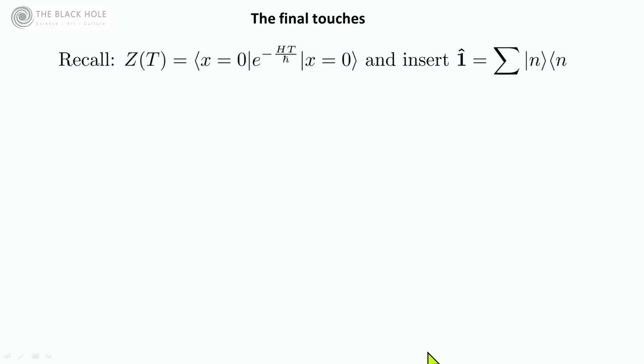All right, so now we are at the end, or very close to the end, and let me just put the final touches. So we're going from position 0 back to position 0, evolving through this e to the minus ht over h bar, and we're going to stick this operator in here.